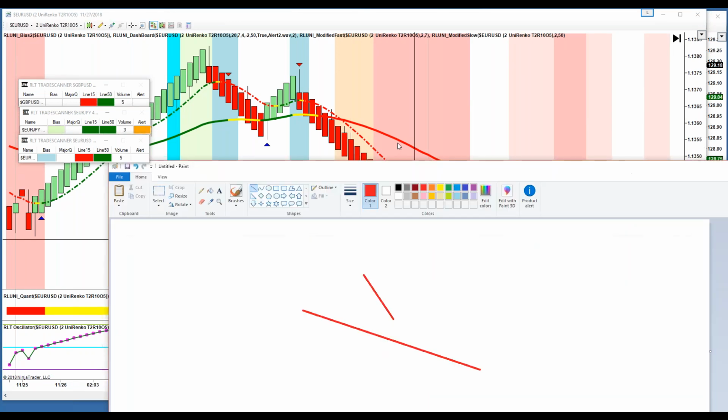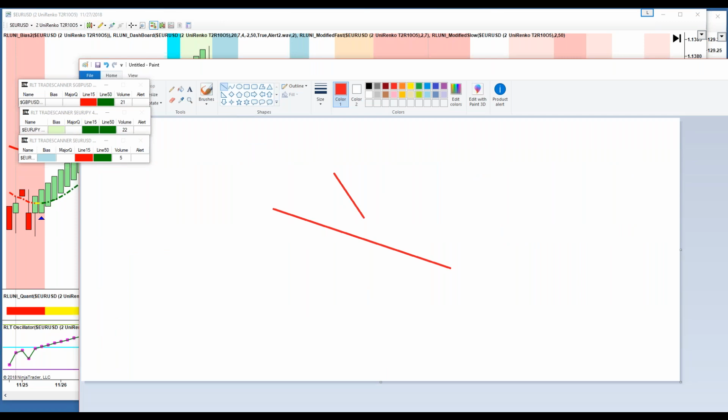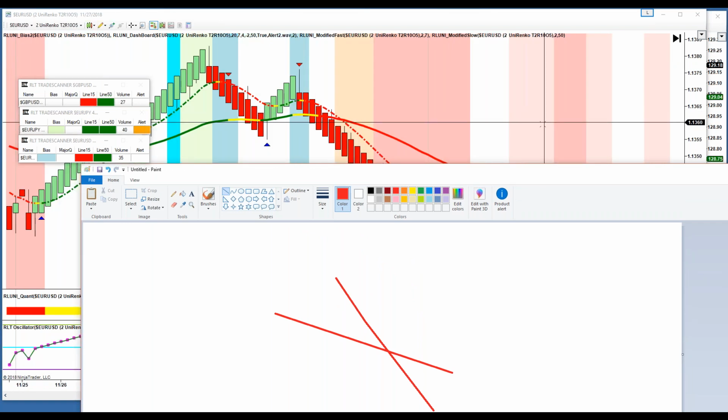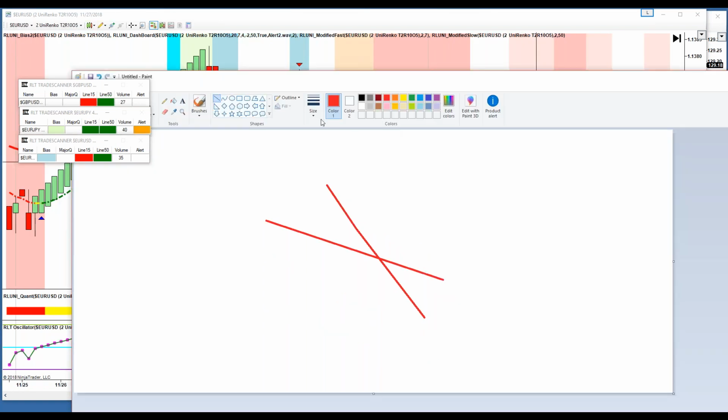Because the dark pink is where the move continued and the 15 crossed the 50 to the downside. And then when you get your light pink right here, that's again, from my assessment, the most dangerous trade, when the 15 flattens.